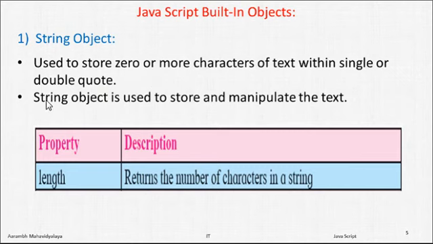Then string object is used to store and manipulate the text. Now just like that, if we have entered our name in 3 different text boxes as first name, middle name and last name, and as output we want to display its complete combination without any space, then we can manipulate it.